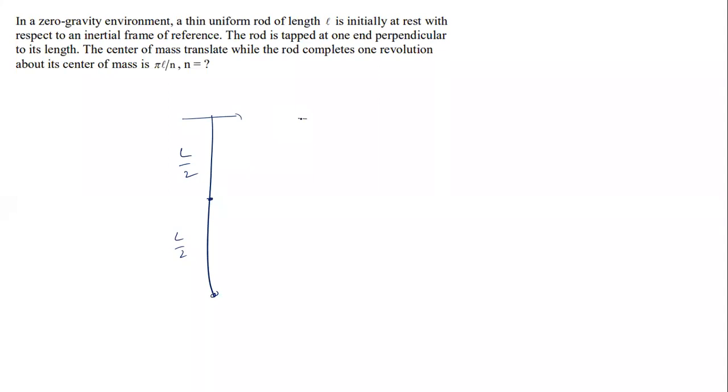Impulse J into L by 2 is equal to I omega. So I is M L square by 12, into omega. Clear? Understand?